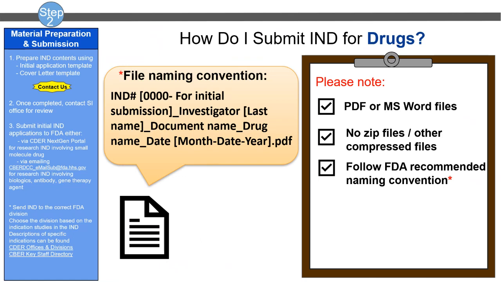For example, for initial submission, start the file name with IND number 0000, then investigator last name, document name, drug name, and date.pdf. This is how your file should be named. Please also note that the size limit for this portal is 40 megabytes. In the next few slides, let's see the steps involved in doing these submissions via the CDER portal.